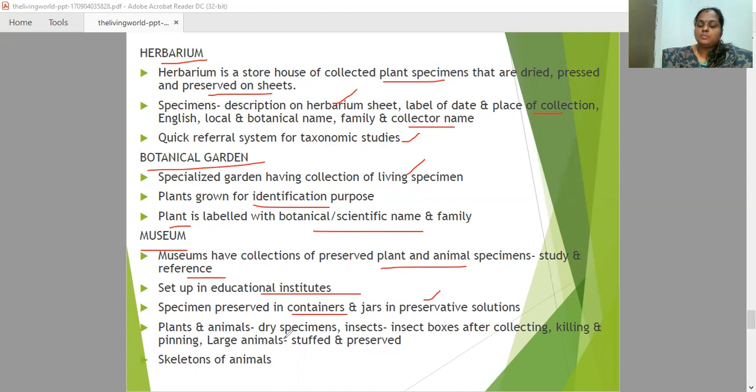Here plants and animals are dry specimens. Insects are collected in boxes by collecting, killing, and pinning them, and large animals are stuffed and preserved in containers or jars. Skeletons of animals are also collected. It is set up in educational institutions for study purposes. So herbarium, botanical garden, and museum all come under taxonomical aids.